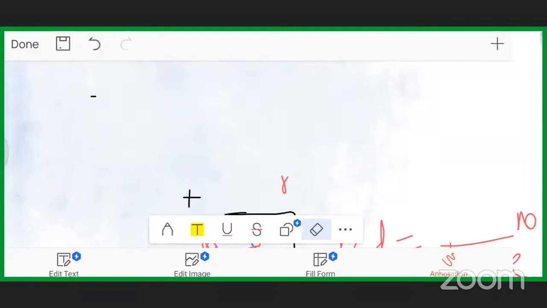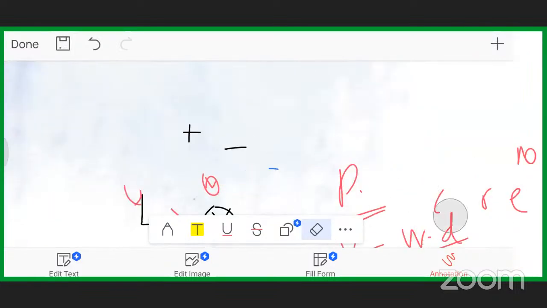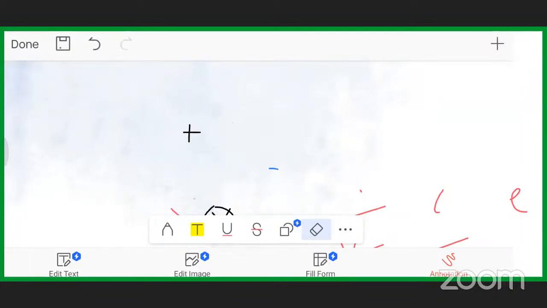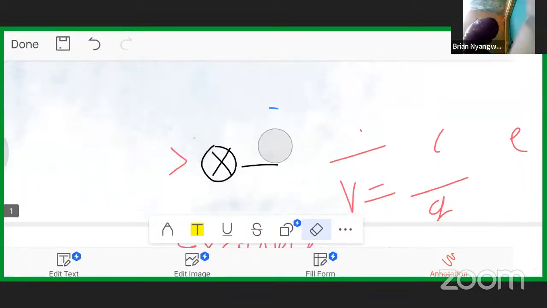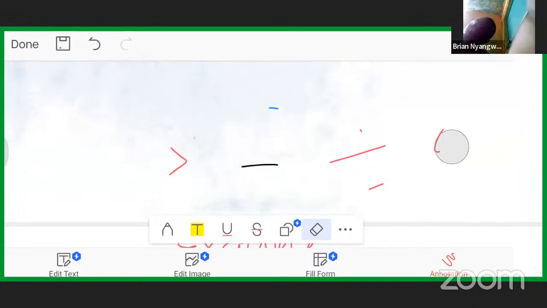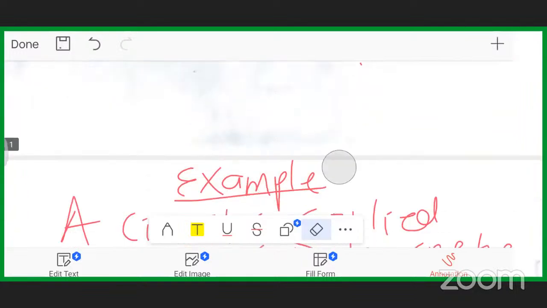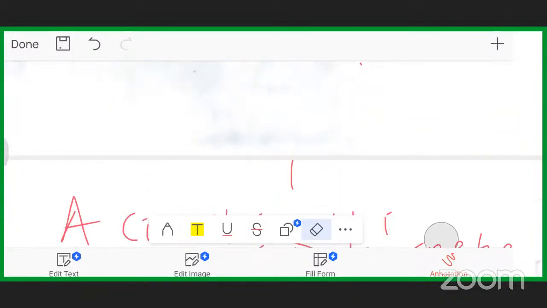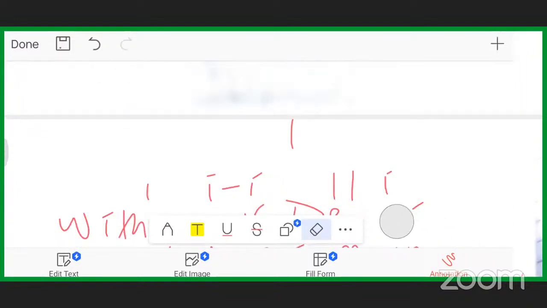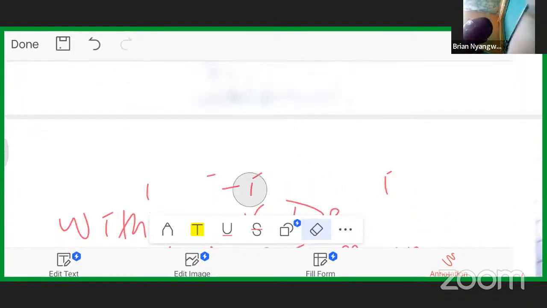Then I've said also that in parallel, everything is always under the same electric potential. So for that reason, they will always have the same potential difference or the same voltage. The current will not be the same, it will always differ based on the path.